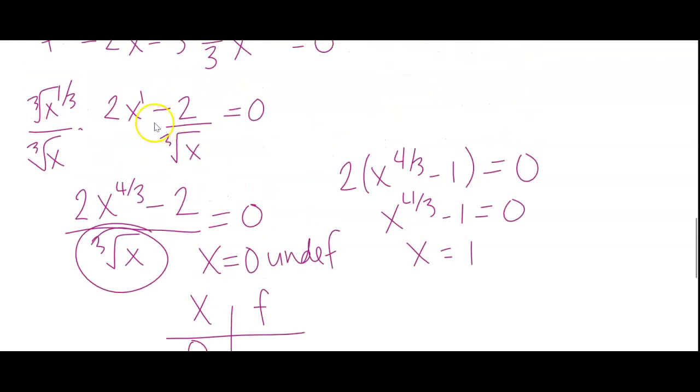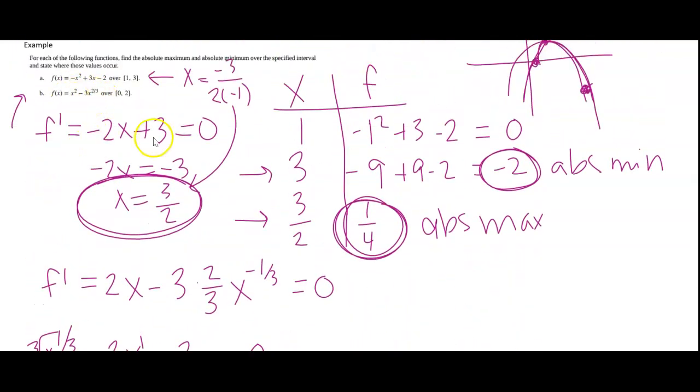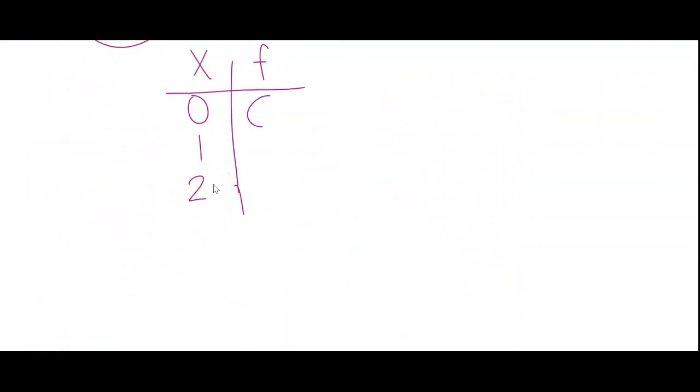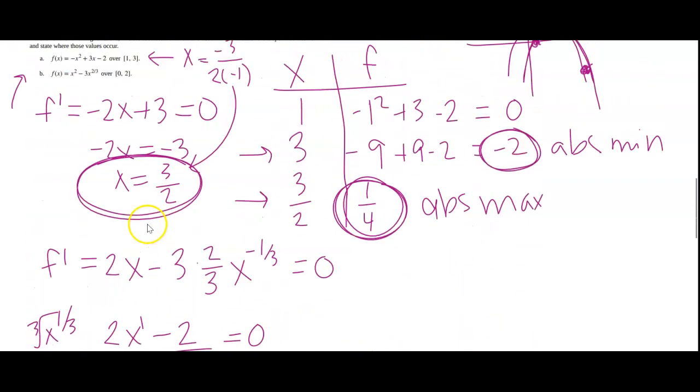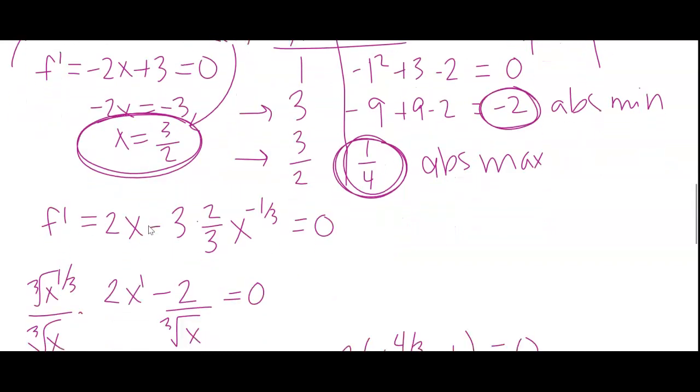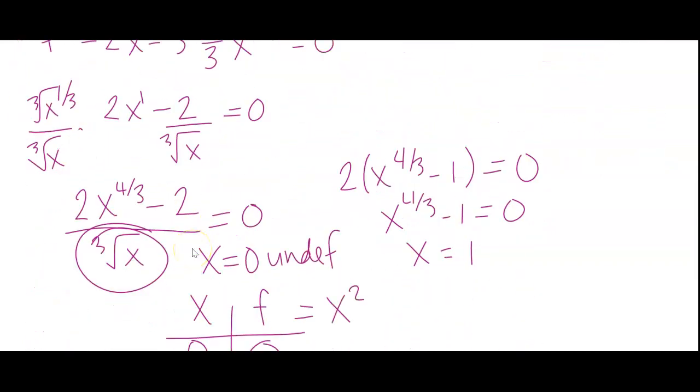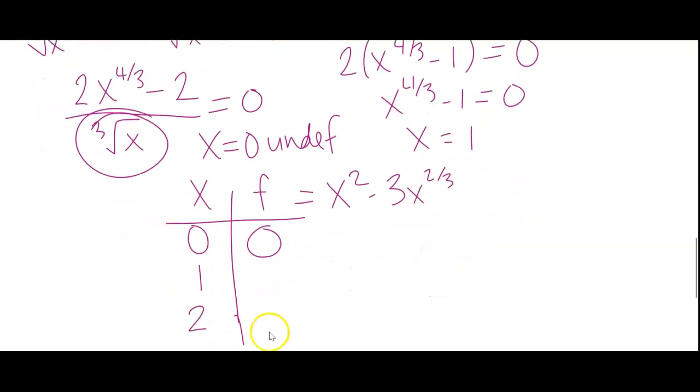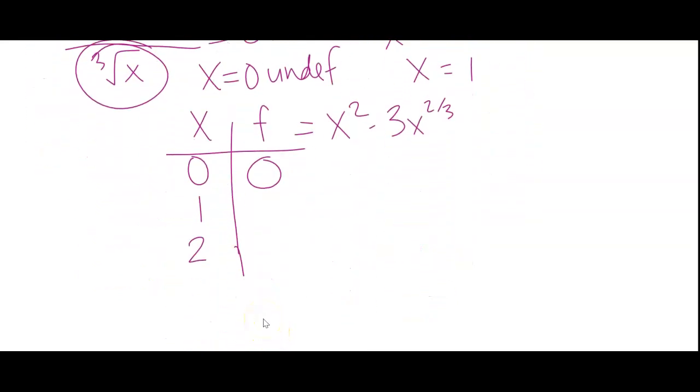And so at 0, when I plug in here, I end up getting 0. I'm going to go ahead and write the original function so I don't have to keep scrolling back and forth: x squared minus 3x to the 2/3. Now let's plug in 1. When I plug in 1, I get 1 squared minus 3 times something that's going to give me 1.